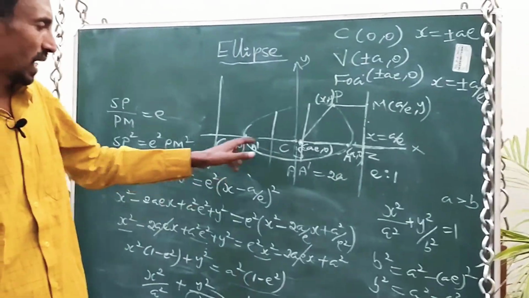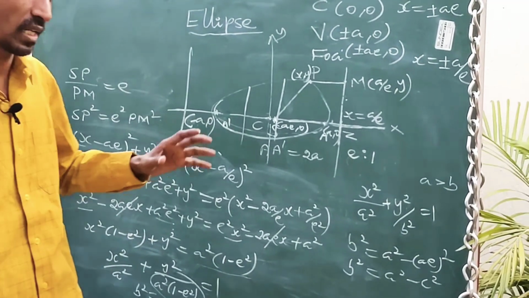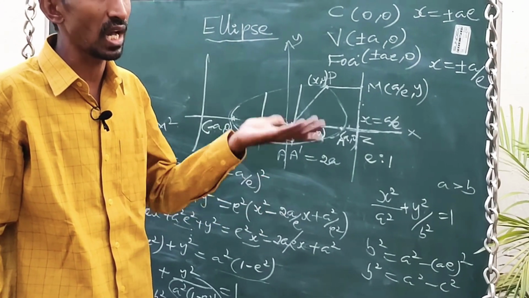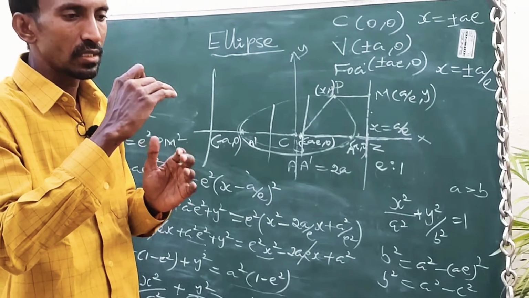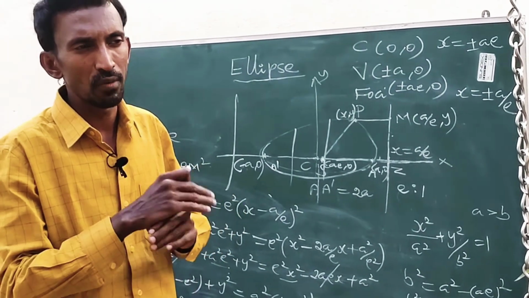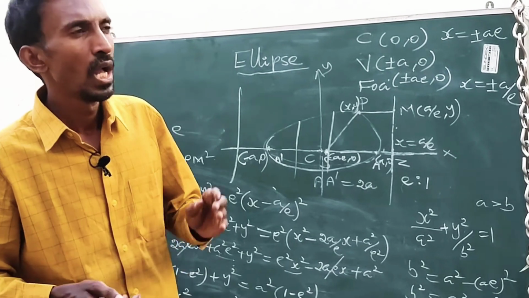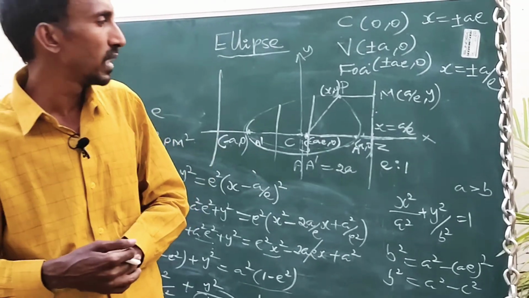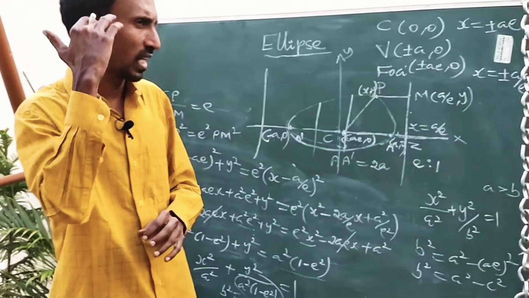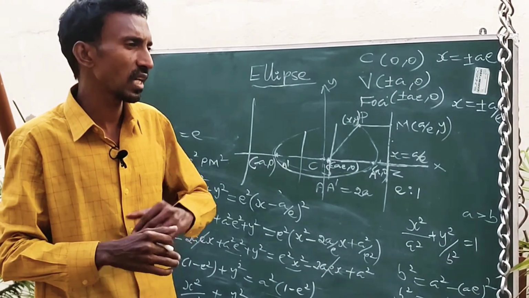And in parabola it is symmetrical about either the x-axis or the y-axis. Suppose it opens rightward or leftward, the axis is the x-axis because it is symmetrical about the x-axis, and upward or downward means it is symmetrical about the y-axis. Therefore we use only the x-axis or y-axis concept.